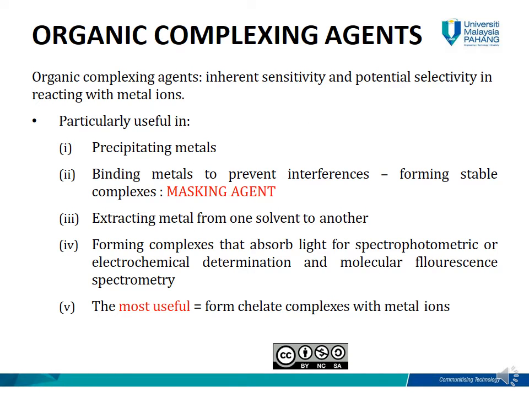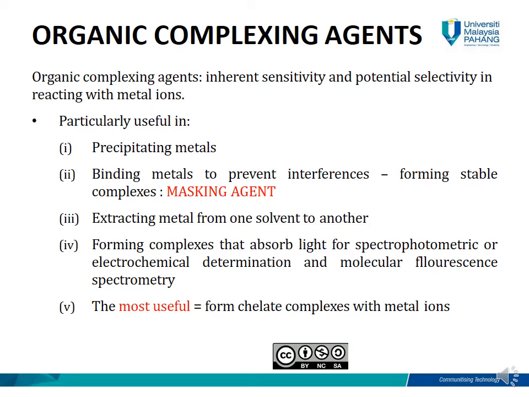Now let's look at the organic complexing agents. These complexing agents are very useful because of their inherent sensitivity, and they have the potential to be selective when reacting with metal ions. This is why we use organic complexing agents as our ligands.